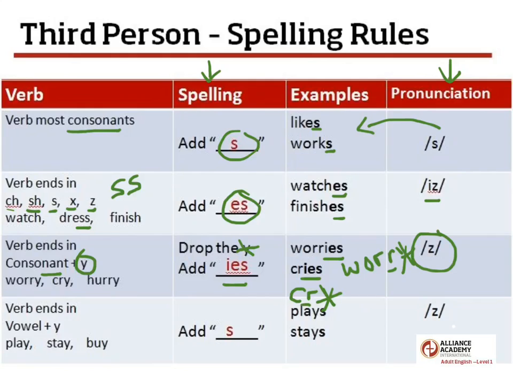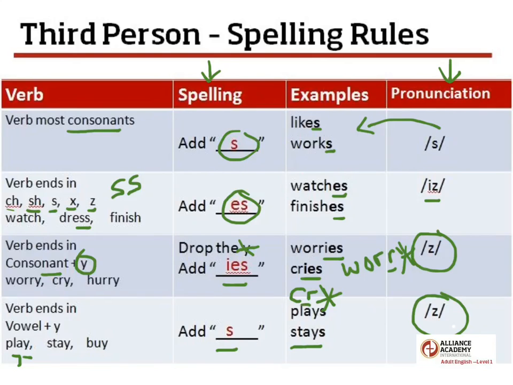If the verb ends in a vowel plus a Y, for example, play has a vowel there and then the Y, we do not drop the Y. Instead, we simply add an S to the verb, like stays. And the pronunciation is the same. Has the Z sound. So these are some spelling rules we need to make sure, especially when we're writing.